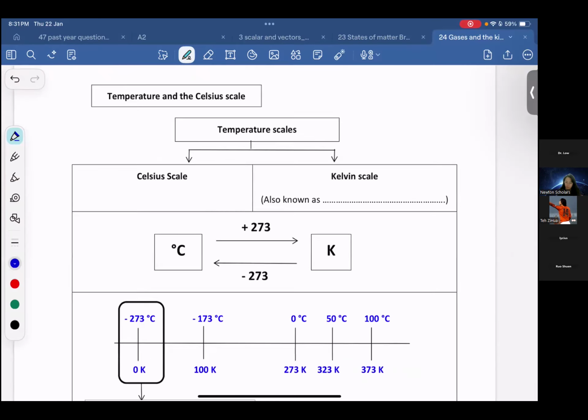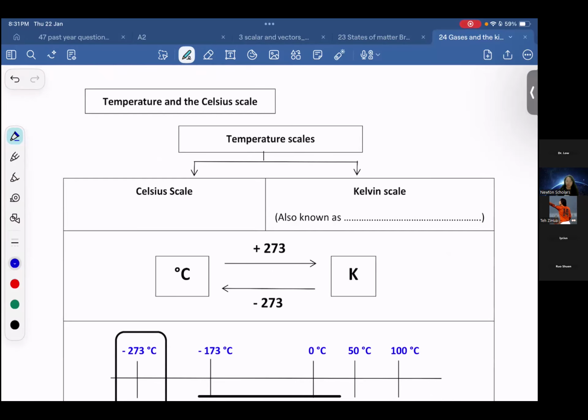Okay, temperature and Celsius scale. Last lesson we learned about absolute zero. Absolute zero, that time I told you, is 0 Kelvin. So actually it's in the Kelvin scale. This one we call absolute temperature.